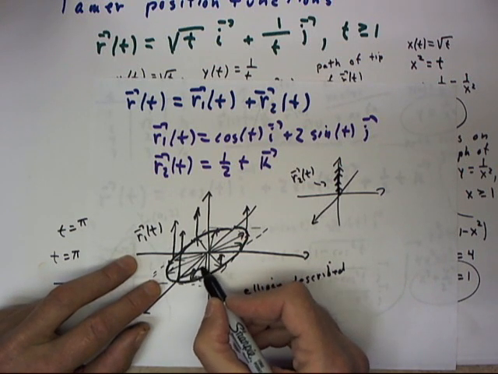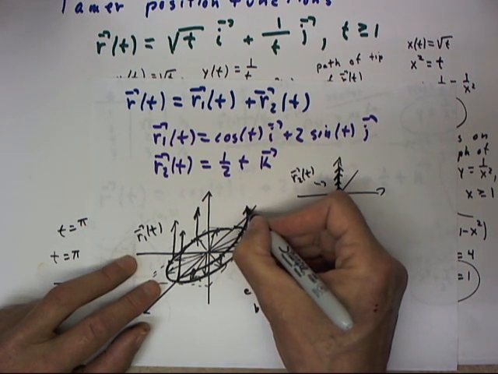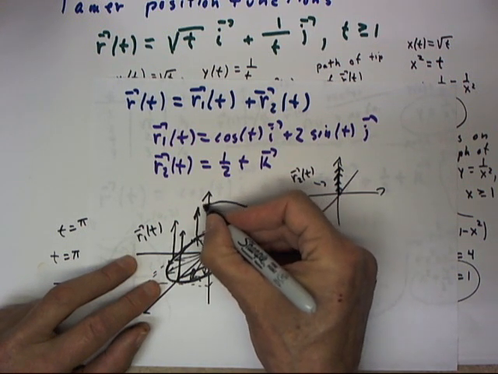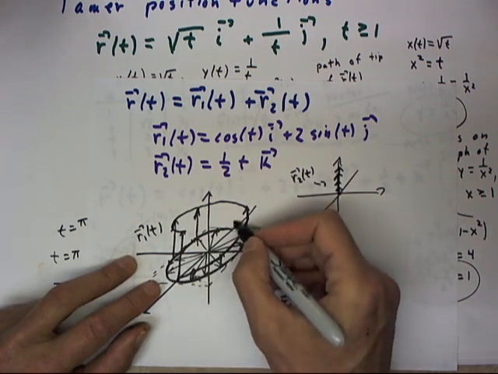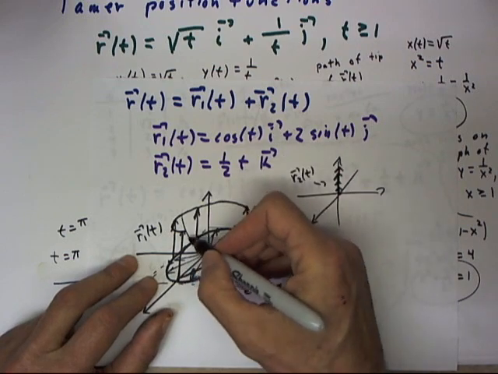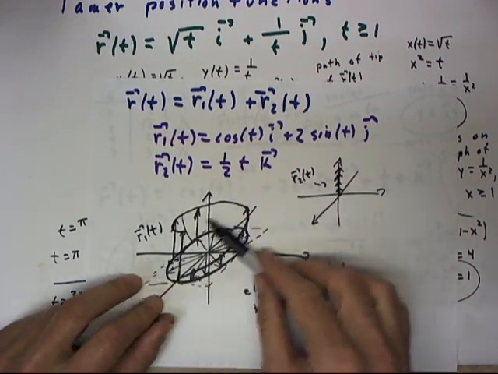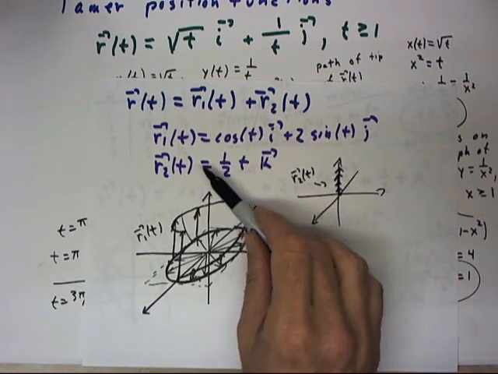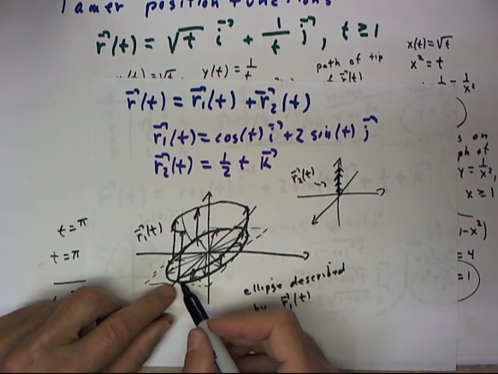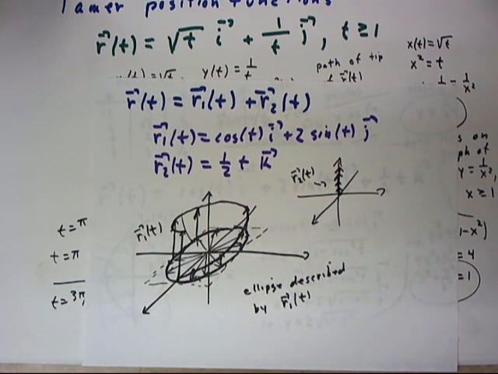So our curve, our path, is going to look something like this. A helix rising up above the xy plane, and the cross section of this helix is always the ellipse that lies above this ellipse in the xy plane.